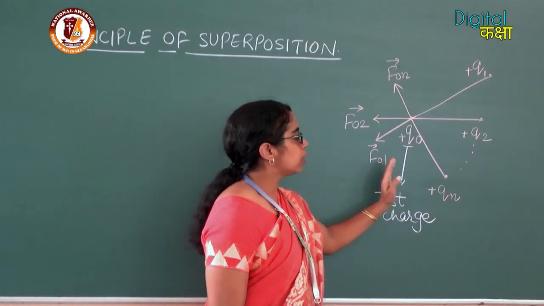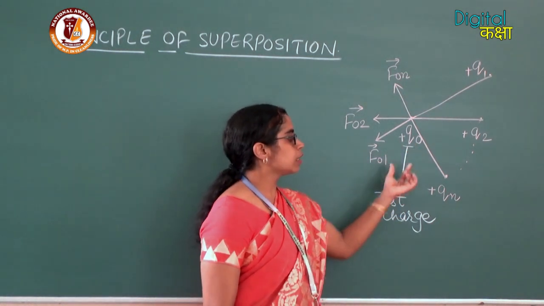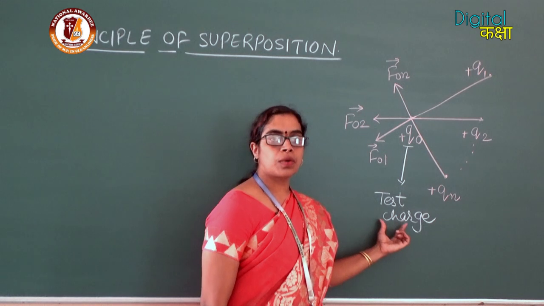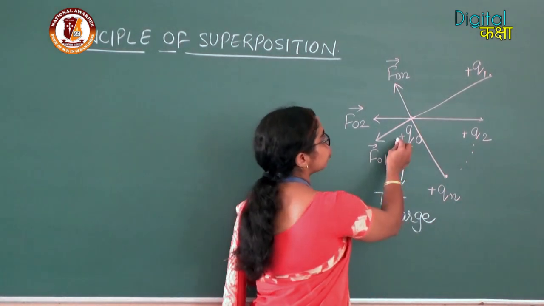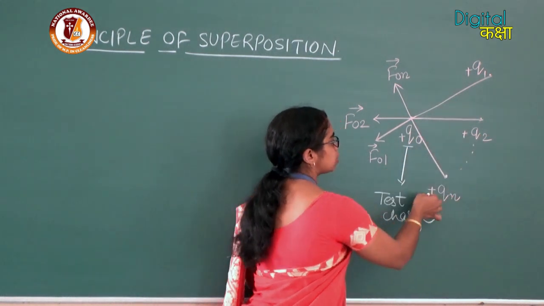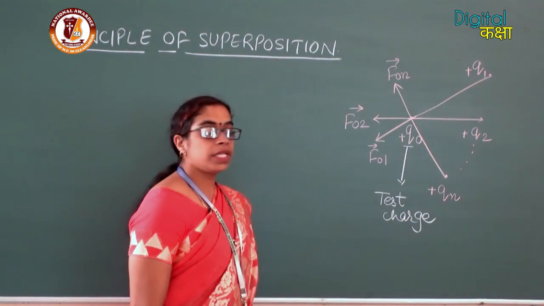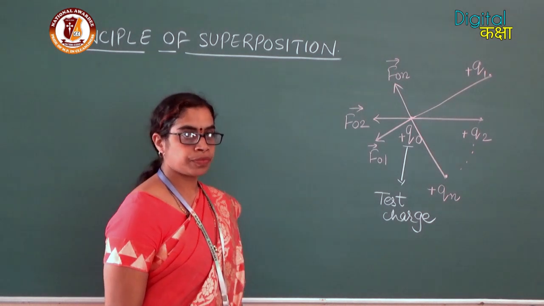Other than this, there is one more charge, that is Q0, which we are calling the test charge. One thing to be noticed is that all these charges we have taken with positive signs.